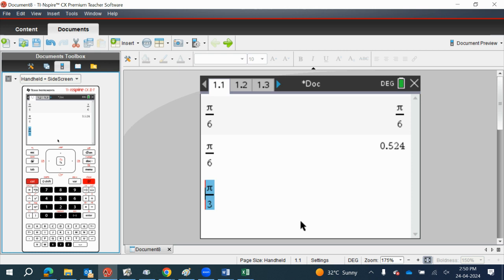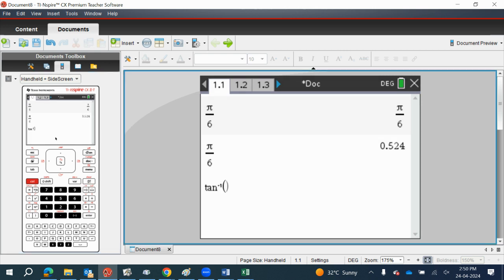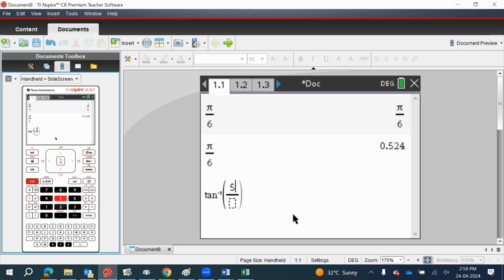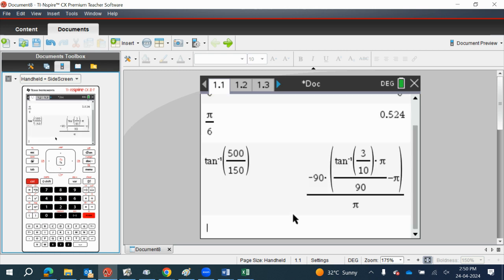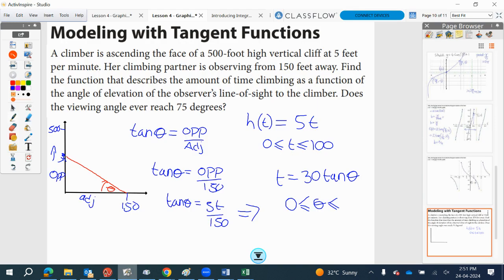Let's focus on solving this problem here today. Arctan of 500 over 150. Okay, so there's a simple value for you. I'm in degrees, 73.3.